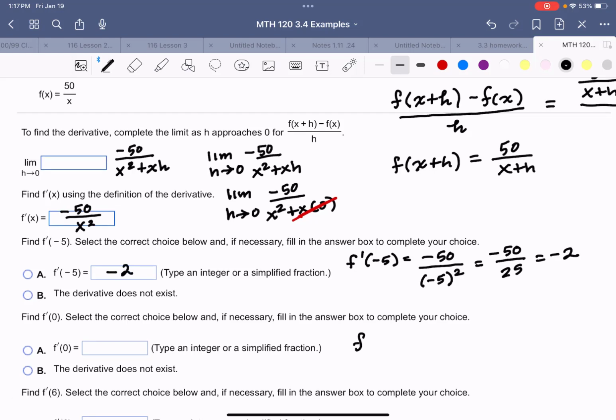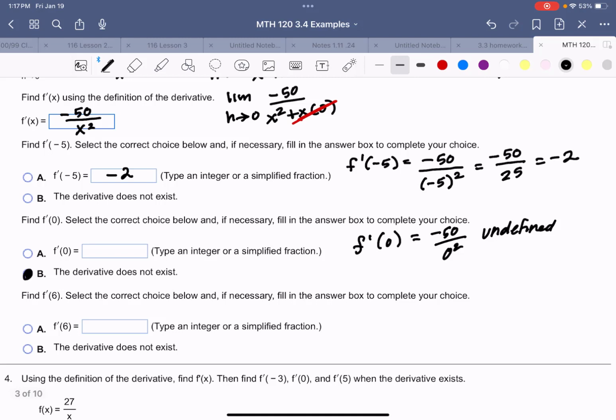Then f prime of 0, well, look at f prime of 0. That would be a negative 50 over 0. Uh-oh, that's undefined or does not exist. Okay, so we say the derivative doesn't exist because you're not allowed to divide by 0.